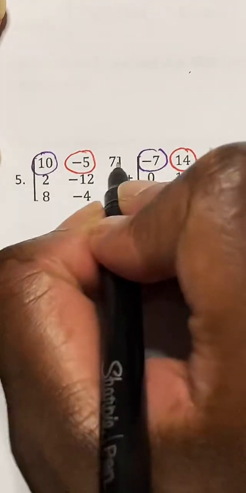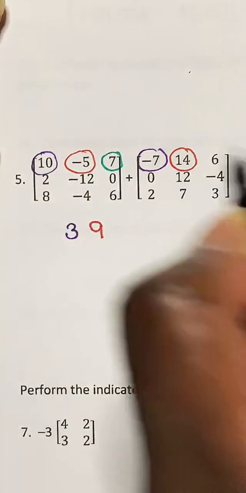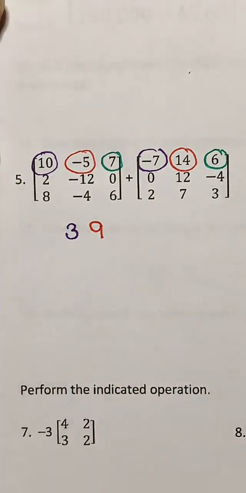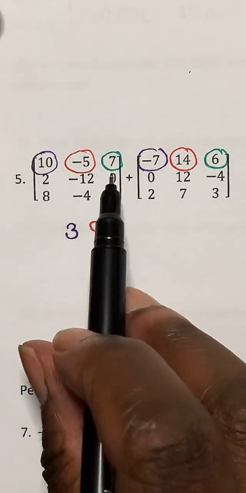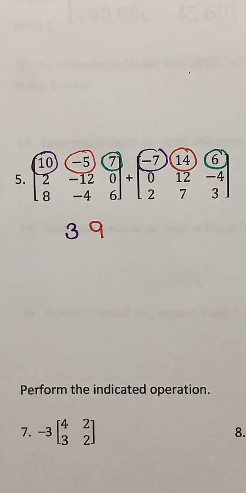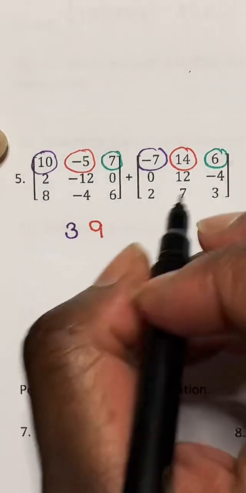Now, we got first row, third column, matched up with first row, third column. So that's 7 plus 6. Good.